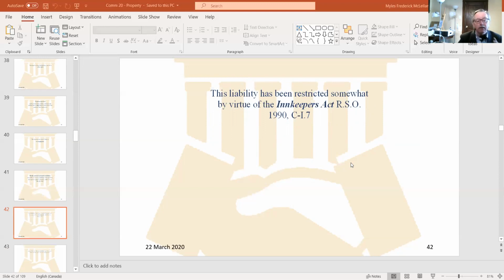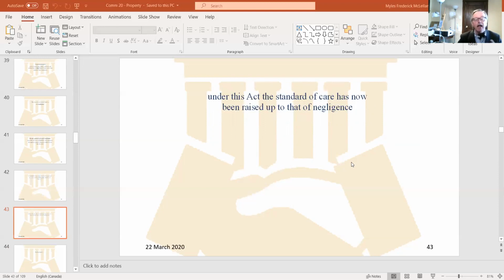What this legislation says is that a higher level of care has to be proven before they will be liable for any loss or damage, which means the Innkeepers Act has differentiated them from common carriers, raising their level of care from being responsible for any kind of harm to only harm that's caused by negligence, right?